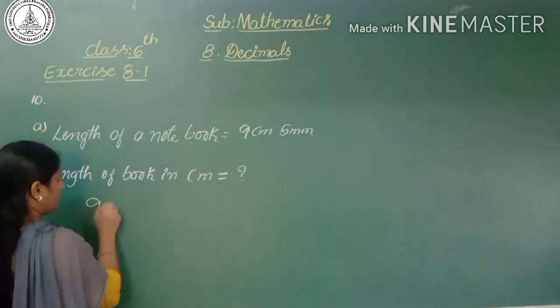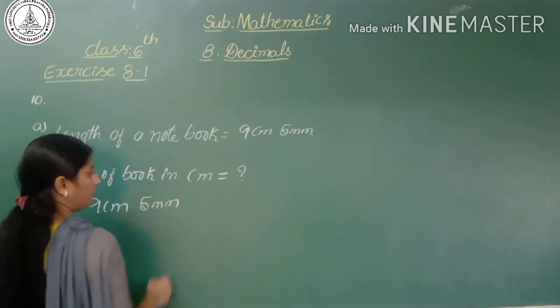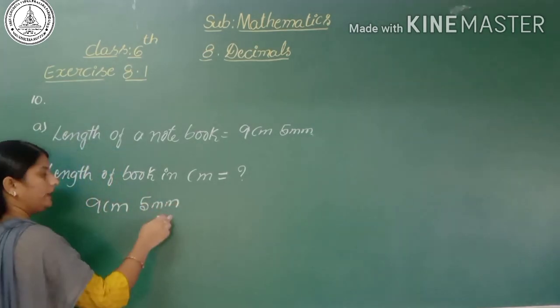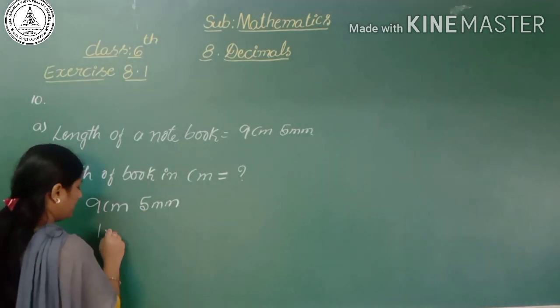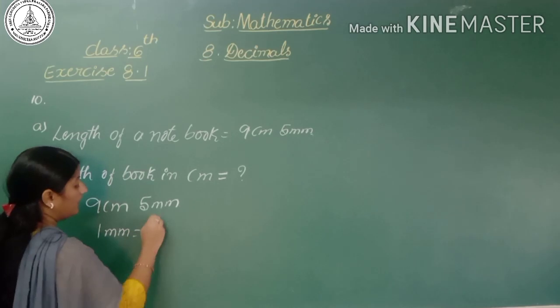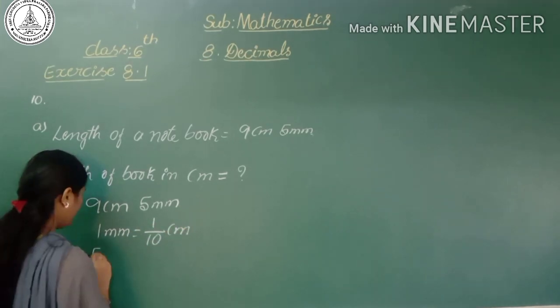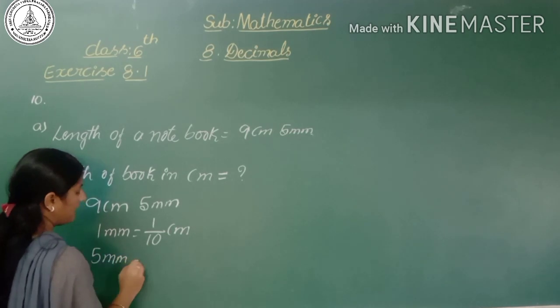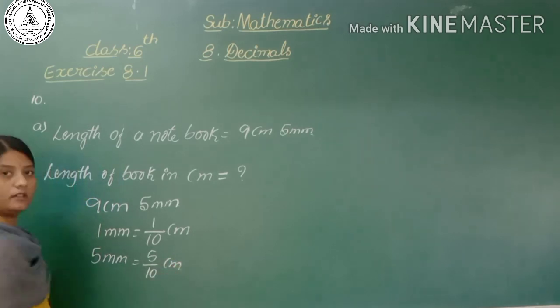So 9 centimeter and 5 millimeter. We know how to convert millimeter into centimeter, right? Yes, 1 millimeter is equal to 1 by 10 centimeter. Then 5 millimeter can be written as 5 by 10 centimeter.